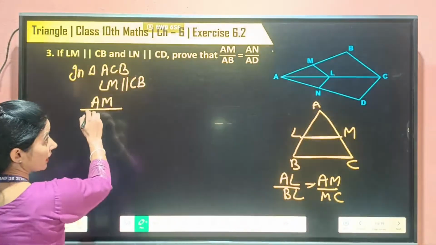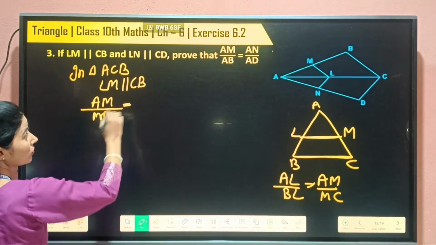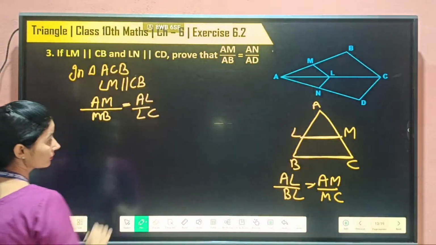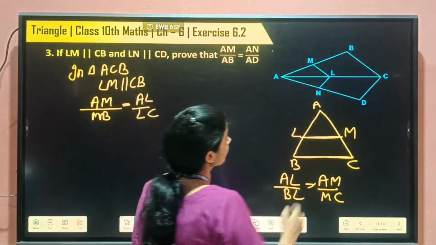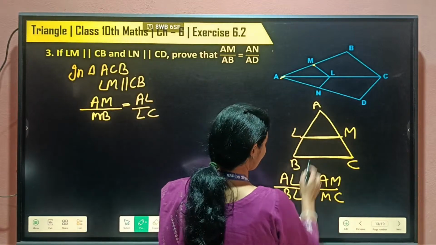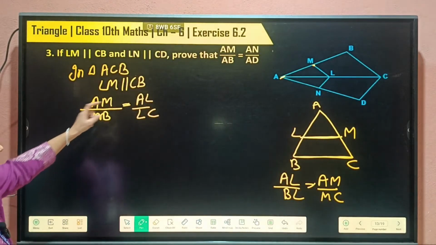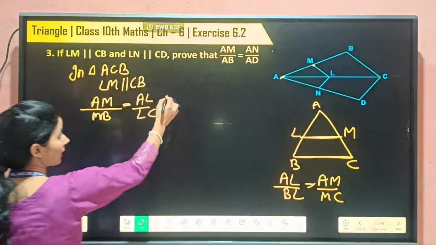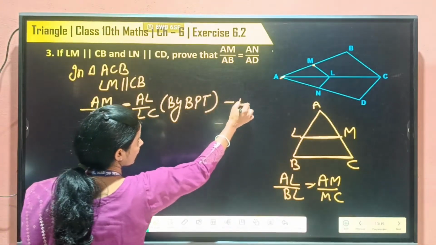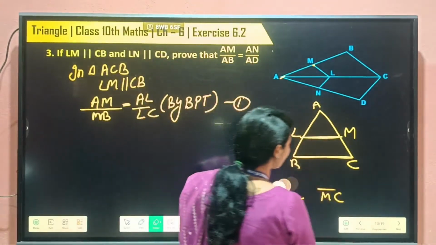So AM by MB equals AL by LC by BPT theorem. Say equation number 1.